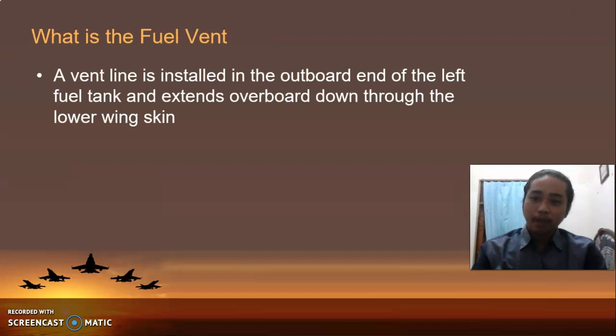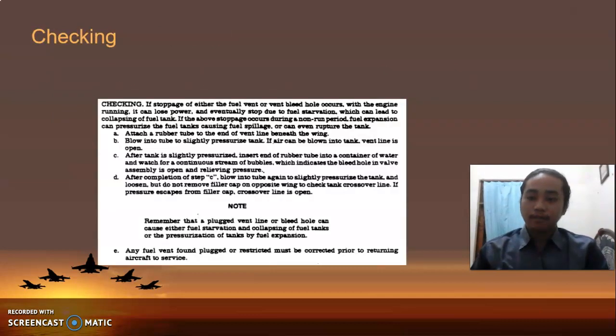What is the fuel vent? A vent line is installed in the outboard end of the left fuel tank and extends overboard through the lower wing skin. Checking: if stoppage of either the fuel vent or vent line occurs with the engine running, it can lose power and eventually stop due to fuel starvation, which can lead to collapsing of the fuel tank.